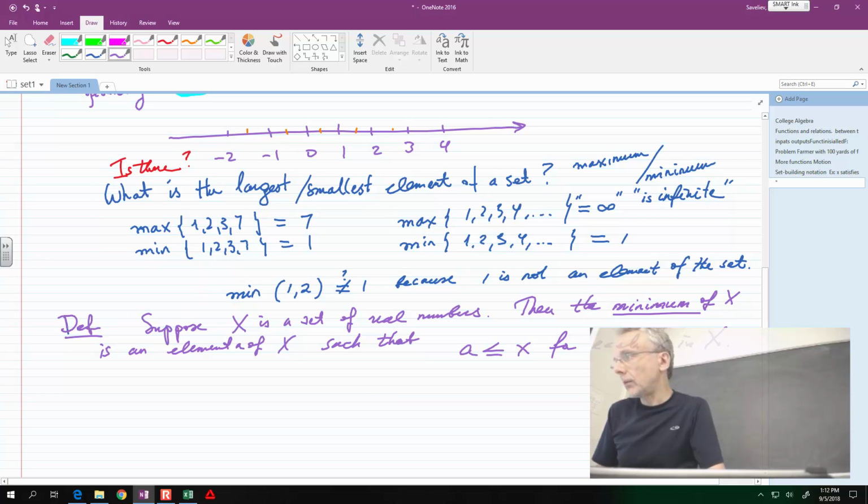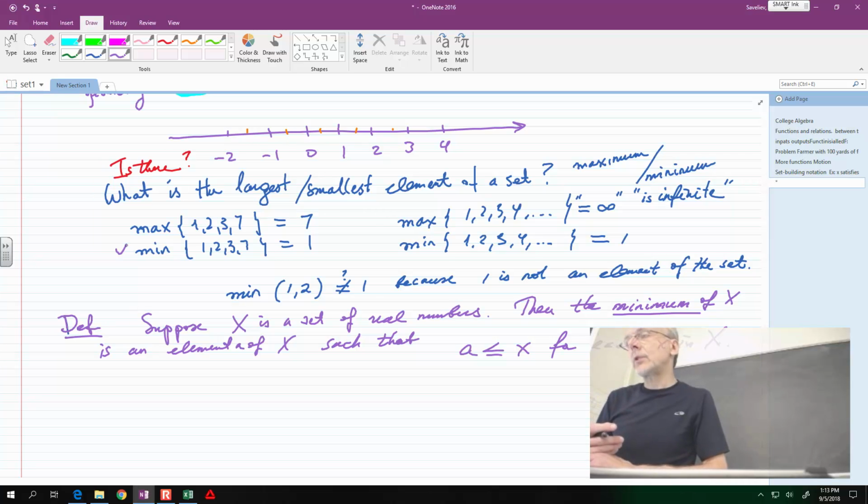A minimum is an element that is smaller than or equal to every element in X. You can see how it applies here: 1 is less than or equal to every element in the set 1, 2, 3, and 7.